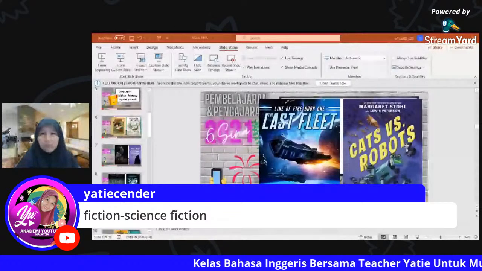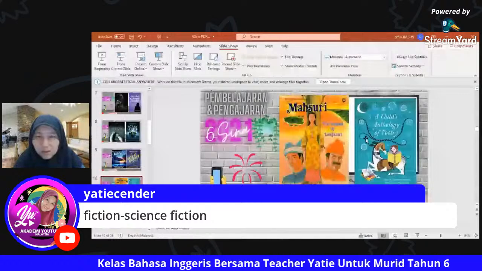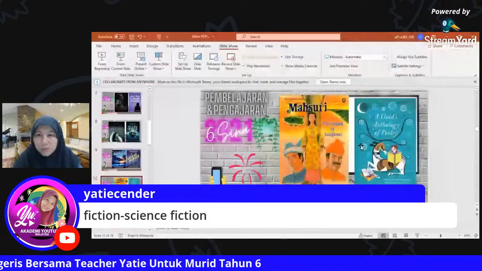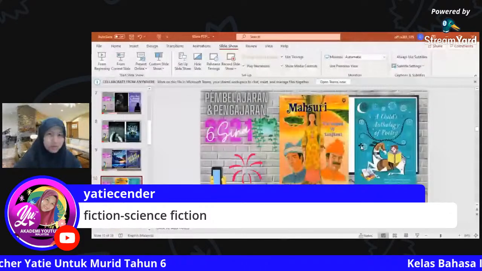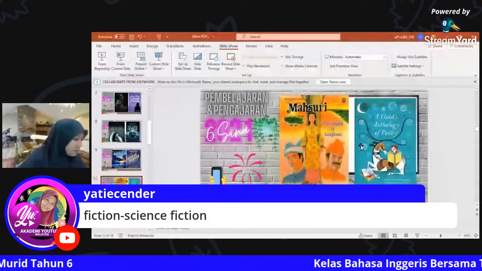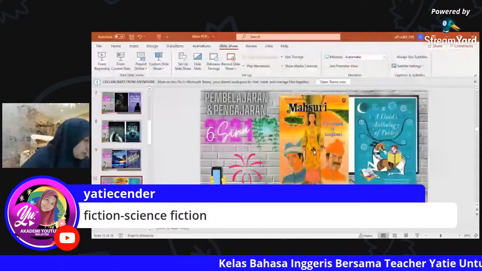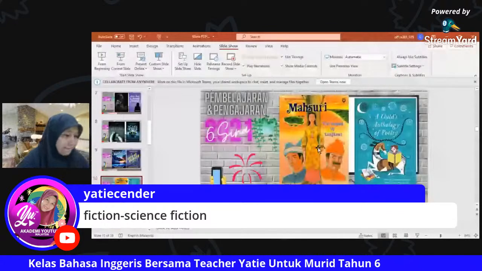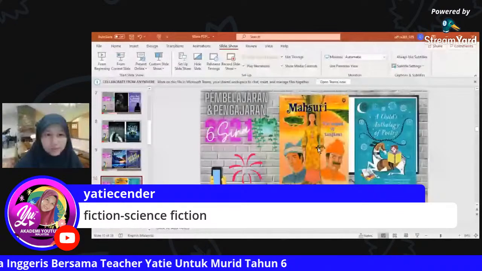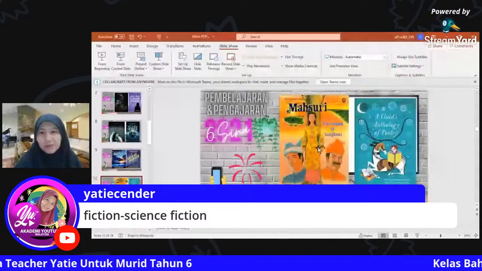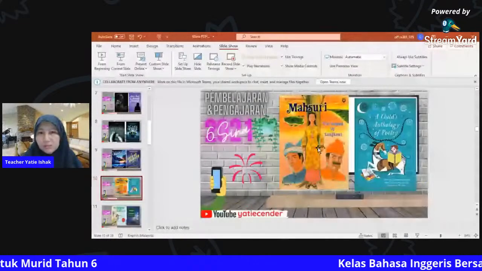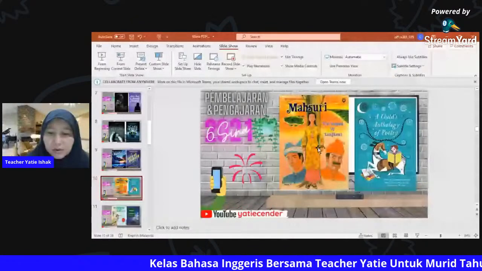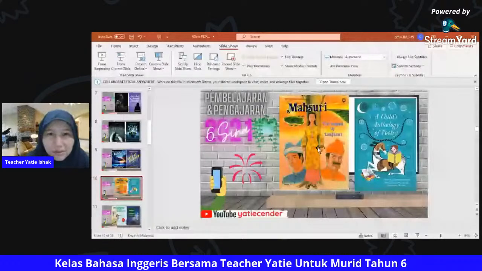The Legend of Langkawi, and another one, a child's anthology of poetry. What is that, Masuri? Okay, what is that? Non-fiction, fiction, and the type of book. Masuri.